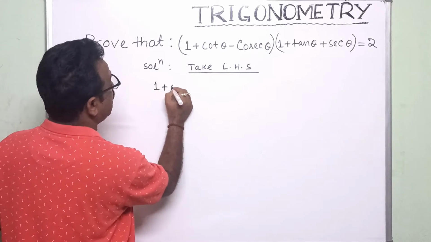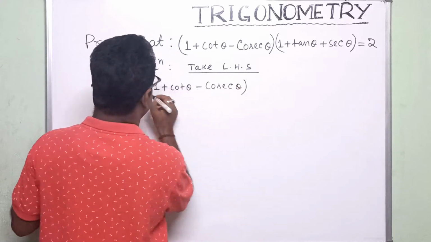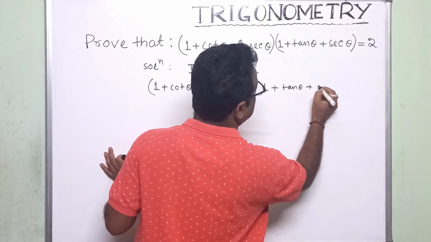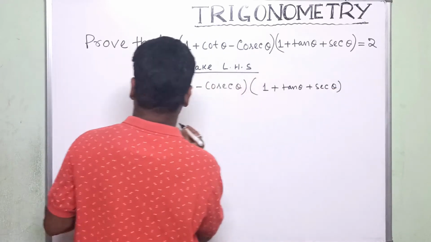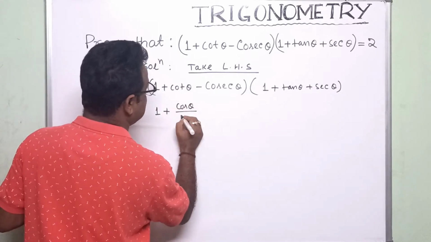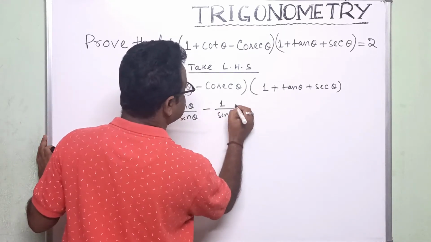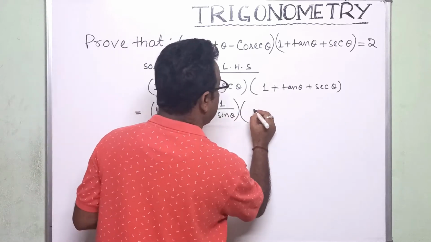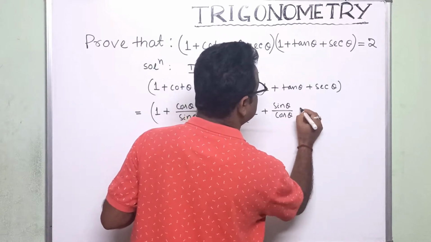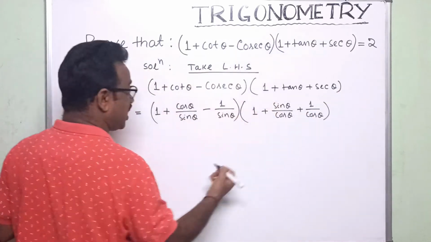So (1 plus cot theta minus cosec theta) into (1 plus tan theta plus sec theta). 1 plus cot theta is cos theta by sin theta, minus cosec theta, 1 by sin theta, into 1 plus sin theta by cos theta, that is your tan theta, plus 1 by cos theta, that is your sec theta.